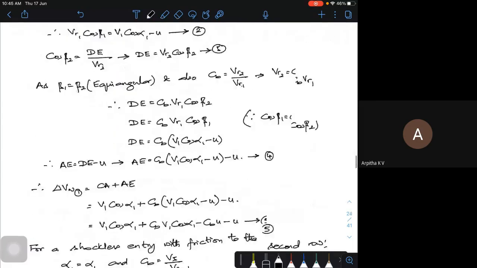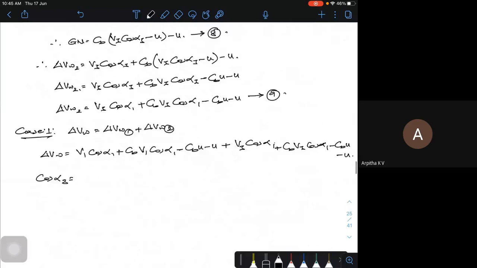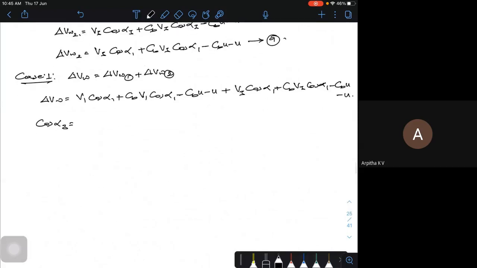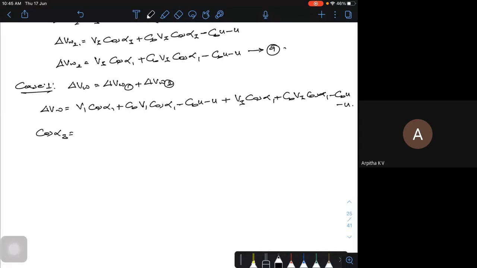So here, a bit complicated, so that's why I wrote the expression first. Then we'll do cos alpha 3. Cos alpha 3 is equal to Lg divided by V3. It's a very lengthy derivation actually. Or I can write your Lg is equal to V3 cos alpha 3, which is Cb into V2 cos alpha 2. Let me call this equation number 10.